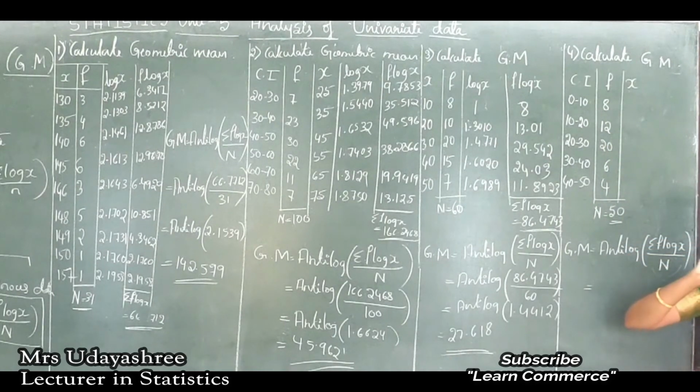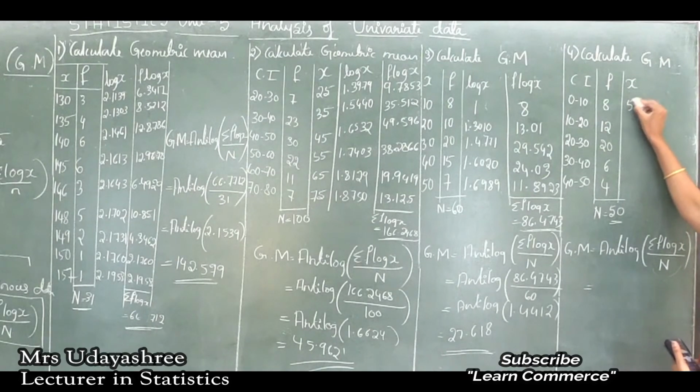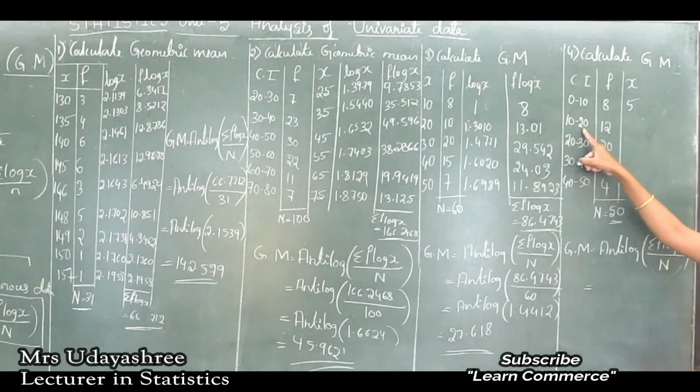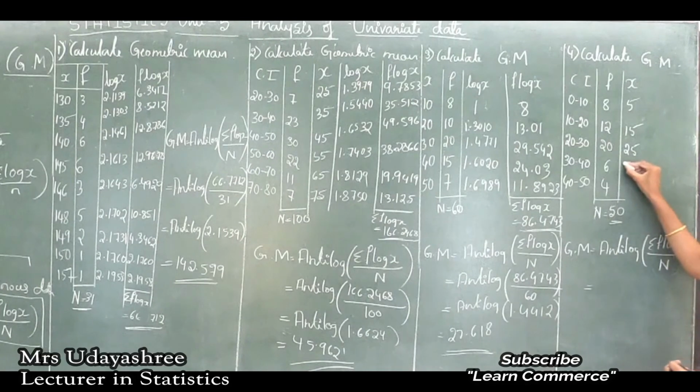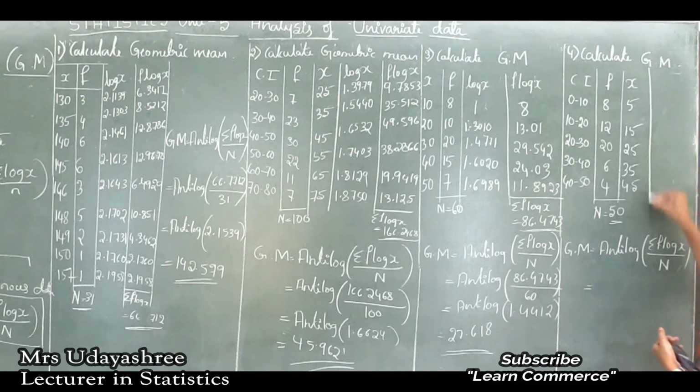So 0 plus 10 divided by 2 is 5. 10 plus 20 divided by 2 is 15. 20 plus 30 divided by 2 is 25. 30 plus 40 divided by 2 is 35. Then 40 plus 50 divided by 2 is 45. So here we got x observations.